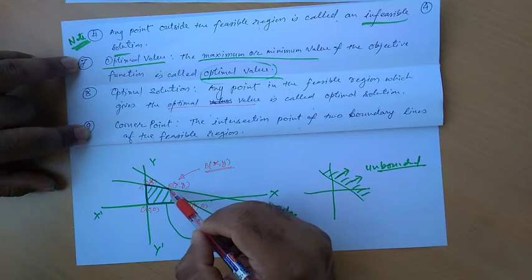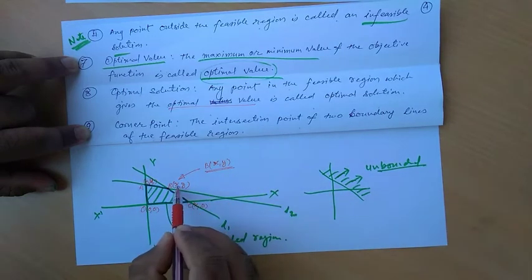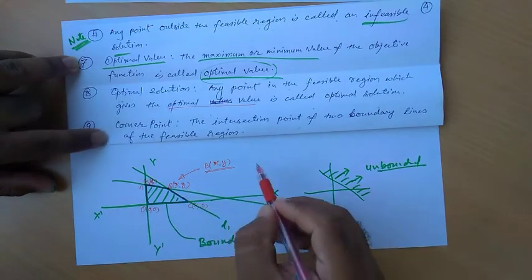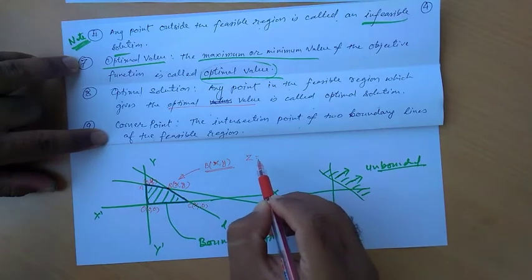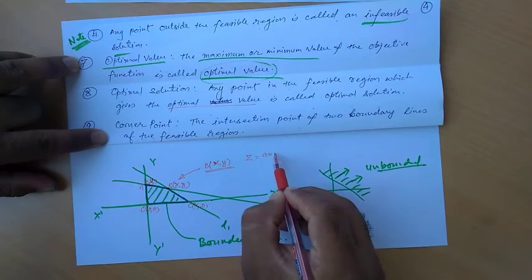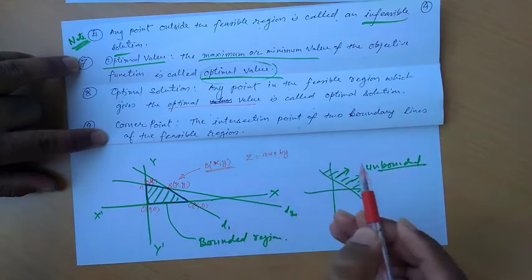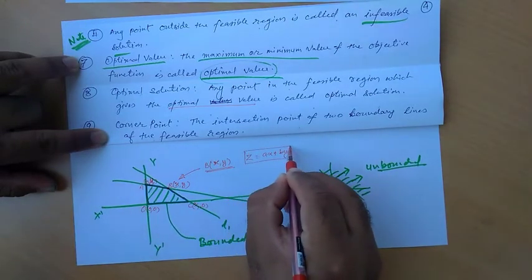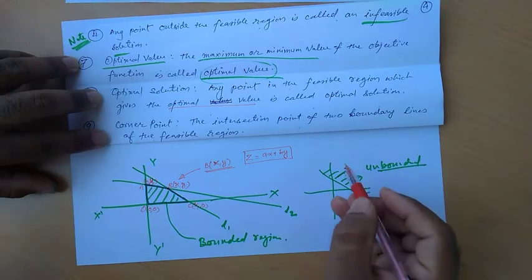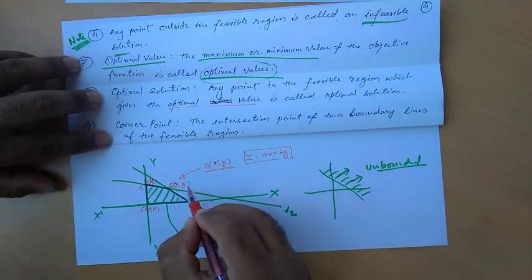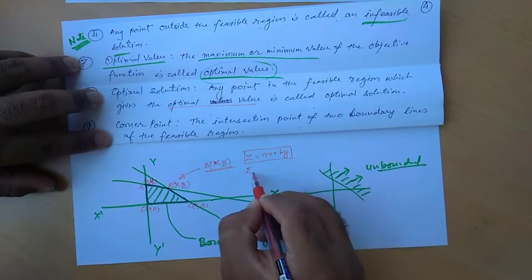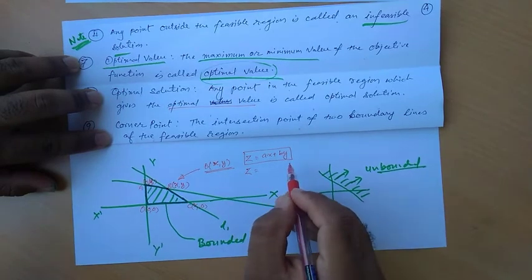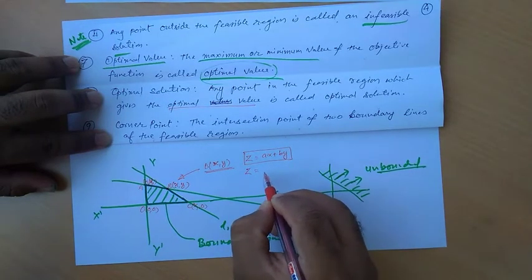If I put x and y, let us say z = ax + by, this is the objective function, and I put the value of x and y over here, I'll get z equal to some value.